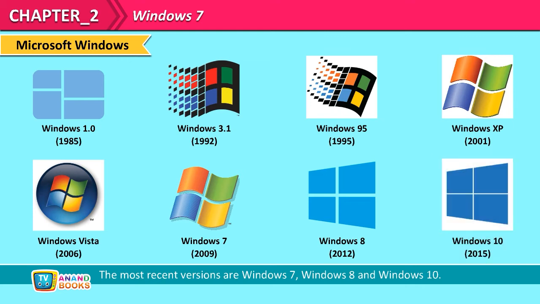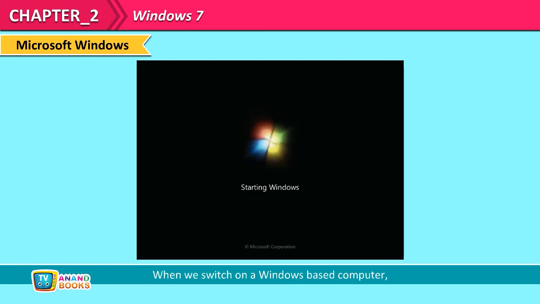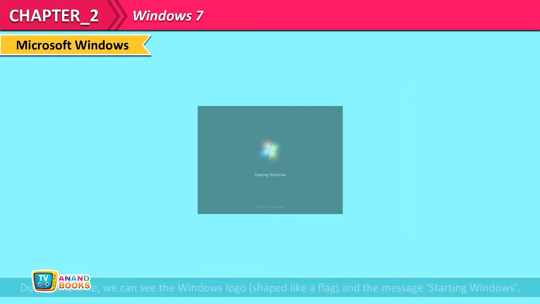Windows 10, 2015. When we switch on a Windows-based computer, the Windows operating system gets loaded onto the computer's memory. This is known as booting. During this time, we can see the Windows logo, shaped like a flag, and the message "Starting Windows."